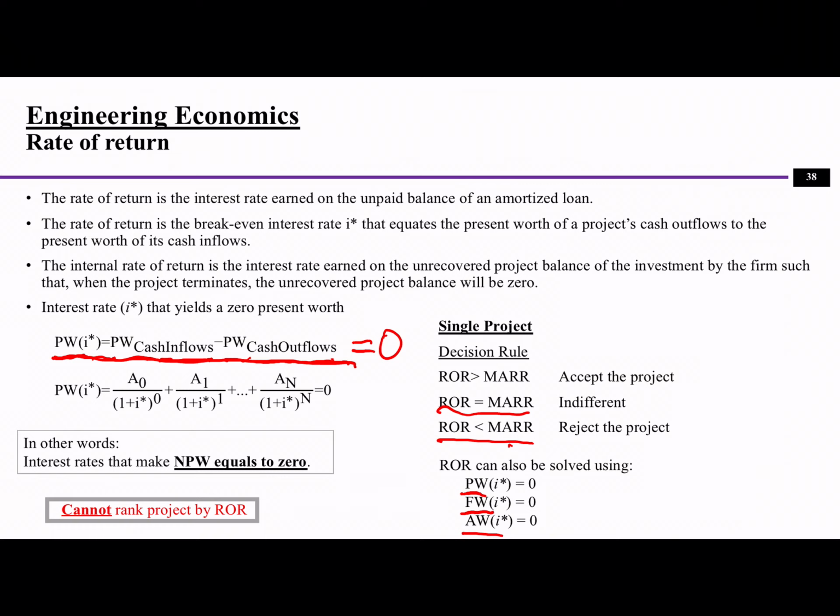Just remember, we cannot rank projects by rate of return. Why? Because rate of return is a ratio, it's a rate, right? We cannot compare projects based on the rate, because a rate does not describe the absolute values. Think, if you increase from 0 to 1, it's a really big increase rate, right?